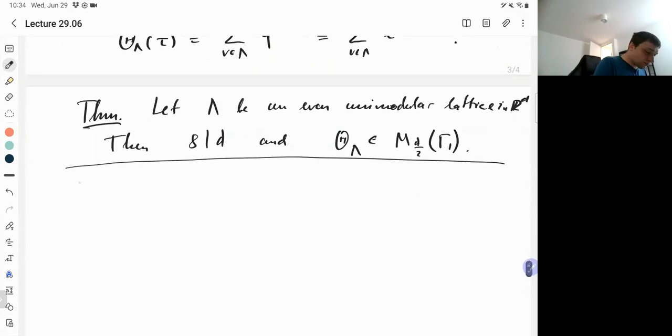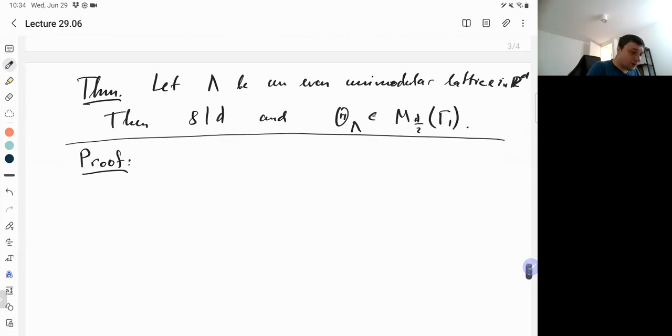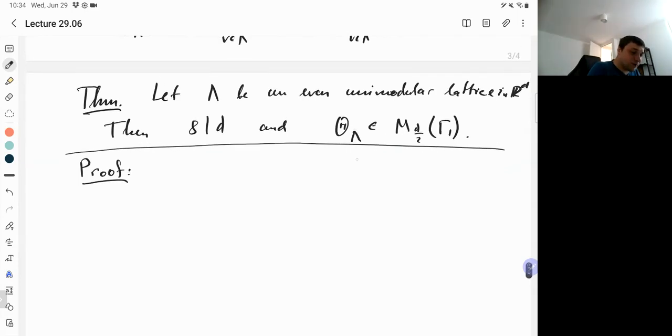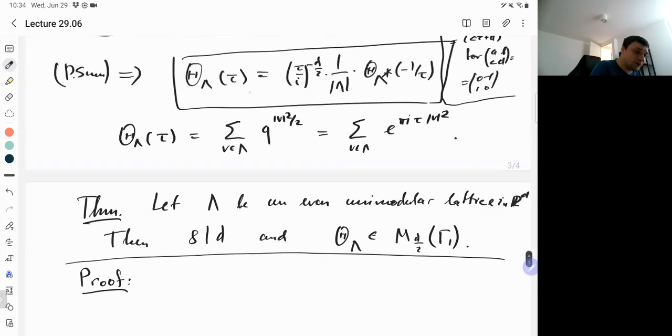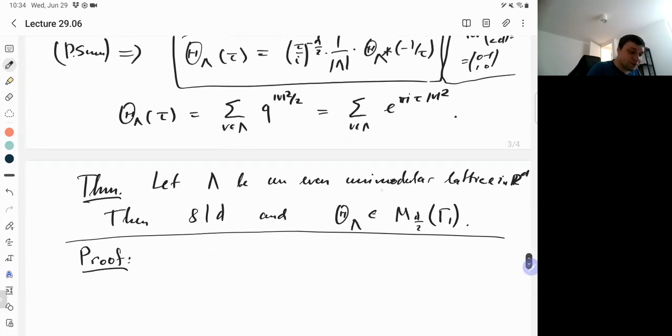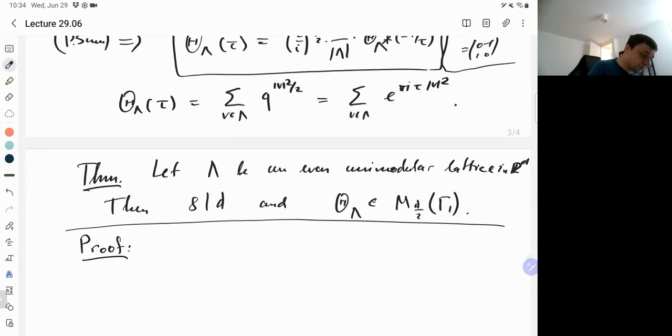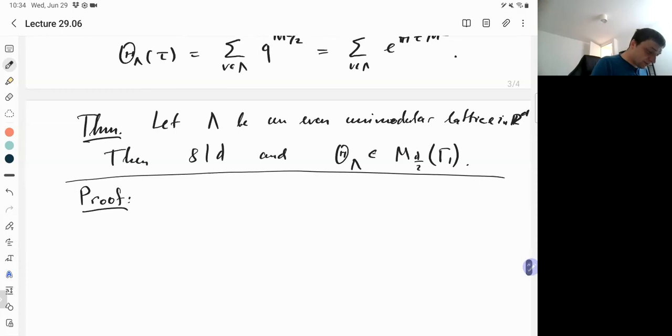Let me tell you how the proof goes. We already know a little bit. We have this non-trivial transformation property, which more or less tells you that if everything works well, if d is divisible by 8, then it will be a modular form. But let me spell out the details. First of all, lambda is even and unimodular. This implies that the covolume is 1 and the lattice is self-dual.